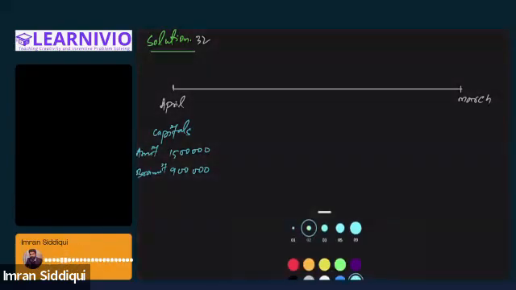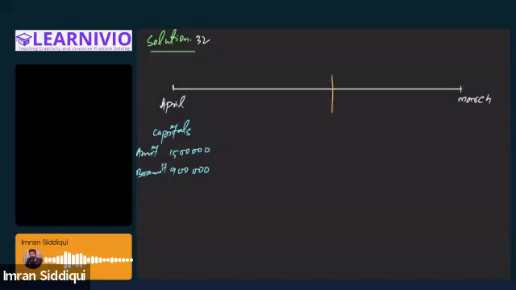But from October onwards, they want to maintain a capital balance of 12 lakh each. So Amit and Bramit both will be maintaining equal capital balance from the month of October onward.